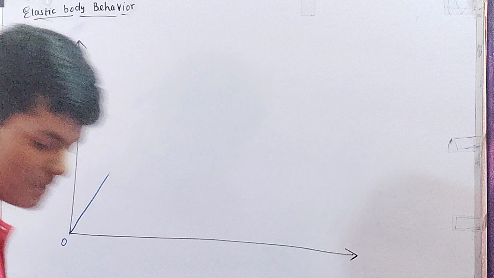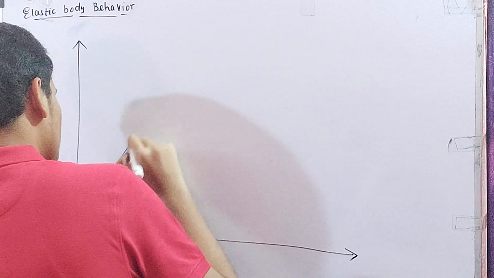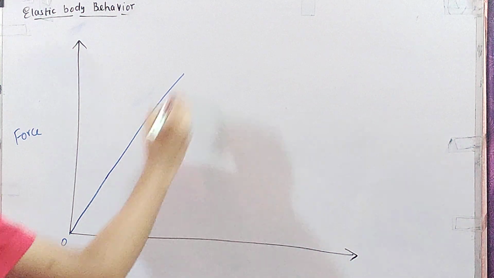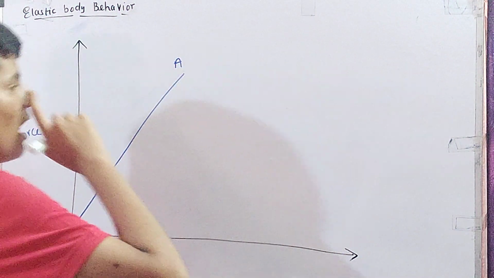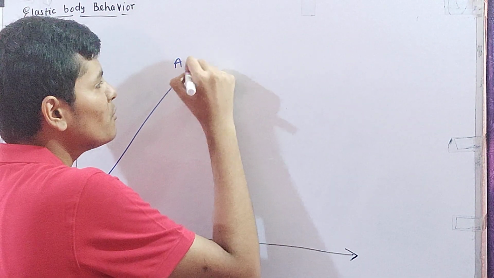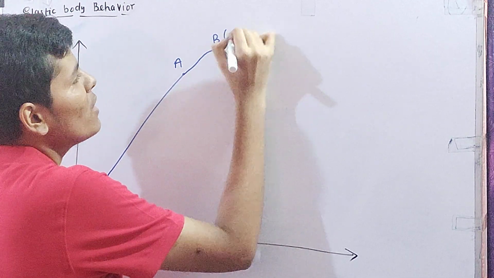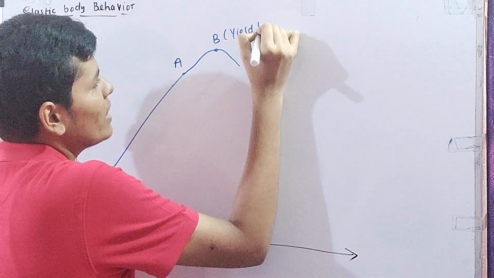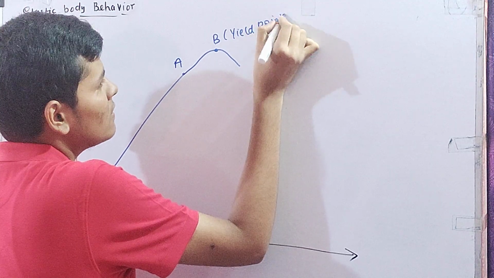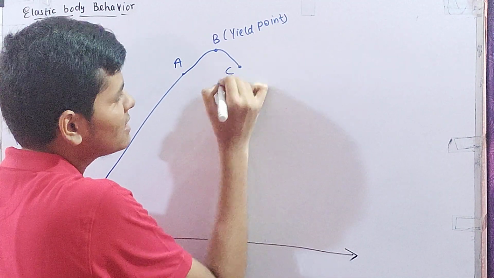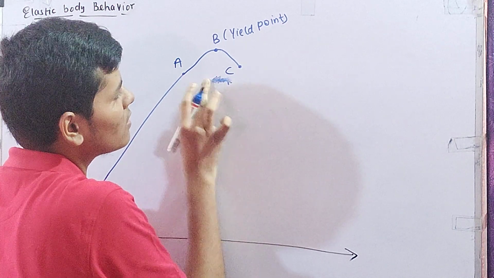Let me draw it much better. This is said to be point A. After this, if you apply a bit more force, it reaches a point B, and this point is called the yield point. And this comes to a point C. This is called the lower yield point.